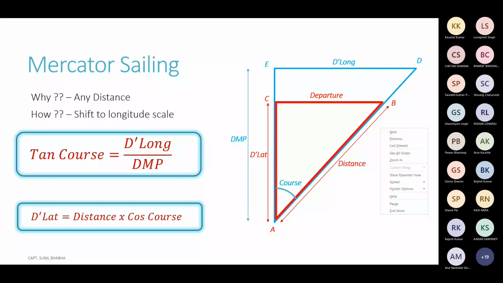So beta, you have these formulas with you, but if you want, you can note them down in your notebook. They will help you wherever you will be using plain sailing or Mercator sailing. So these highlighted formulas, you can note it down or you can take a screenshot.